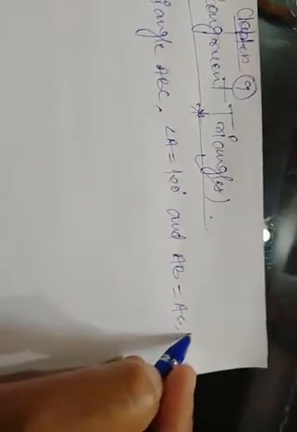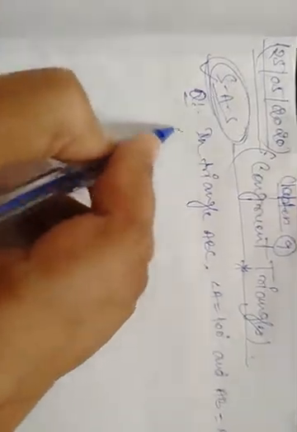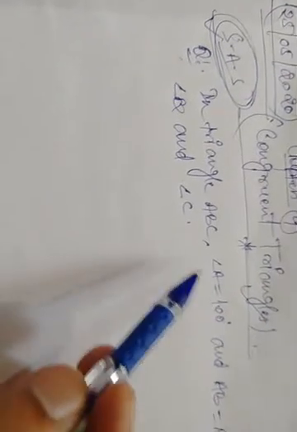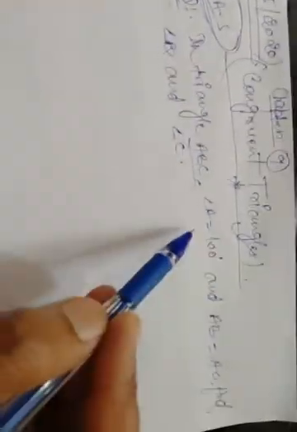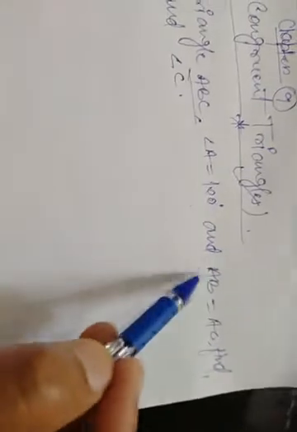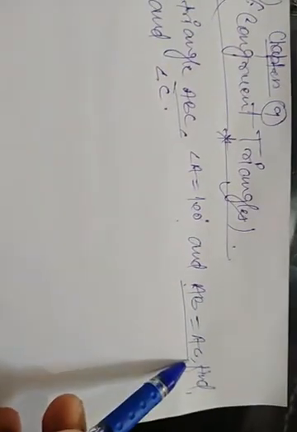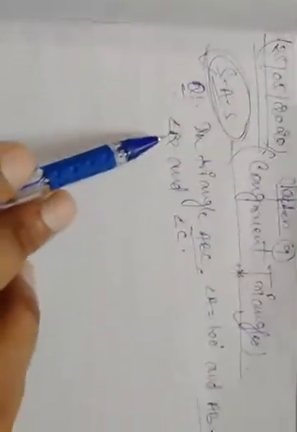Find angle B and angle C. In triangle ABC, angle A is equal to 100 degrees and AB is equal to AC. Find angle B and angle C. Now let's solve it.